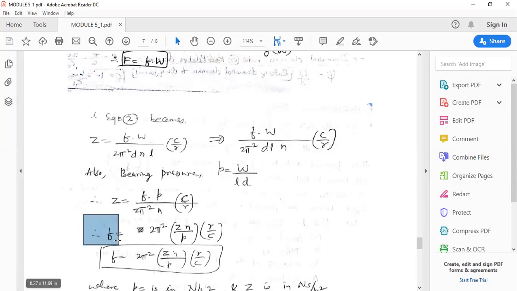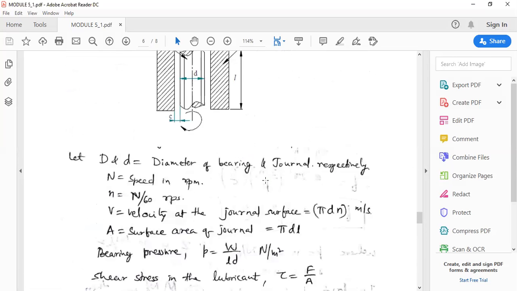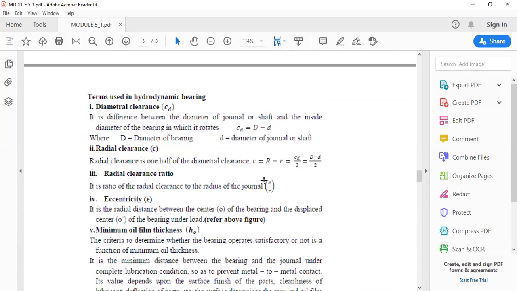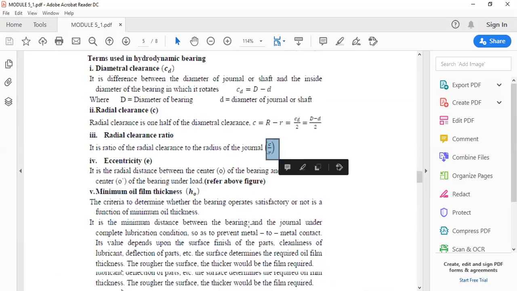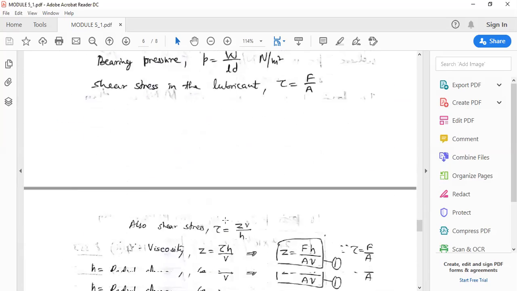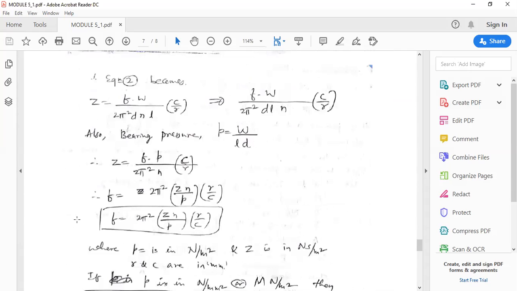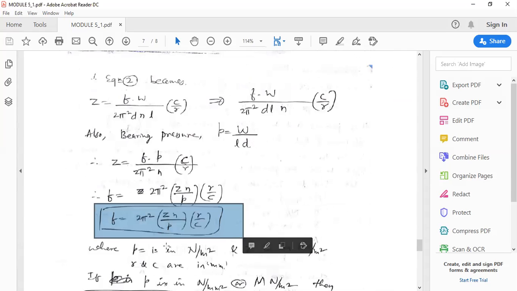So f, the coefficient of friction, is equal to, by cross multiplying this equation, 2 pi square multiplied by Z into N divided by P, which is called the bearing characteristic number, denoted by capital C, and into R by C. As we have earlier discussed the terminology, the radial clearance ratio is given by C by R. So here it is written as R by C, that is the reciprocal of that.